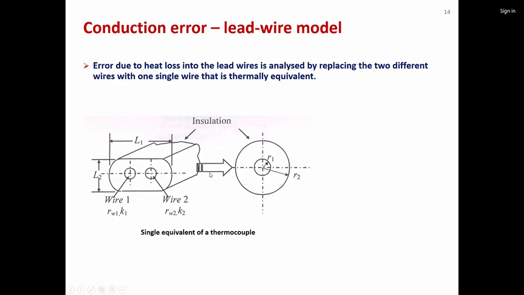This kind of geometry is very difficult to analyze using heat transfer because the geometry is irregular. So you can create a cylindrical equivalent of this model where you say that these two wires, for heat transfer purposes, can be considered as one single wire.